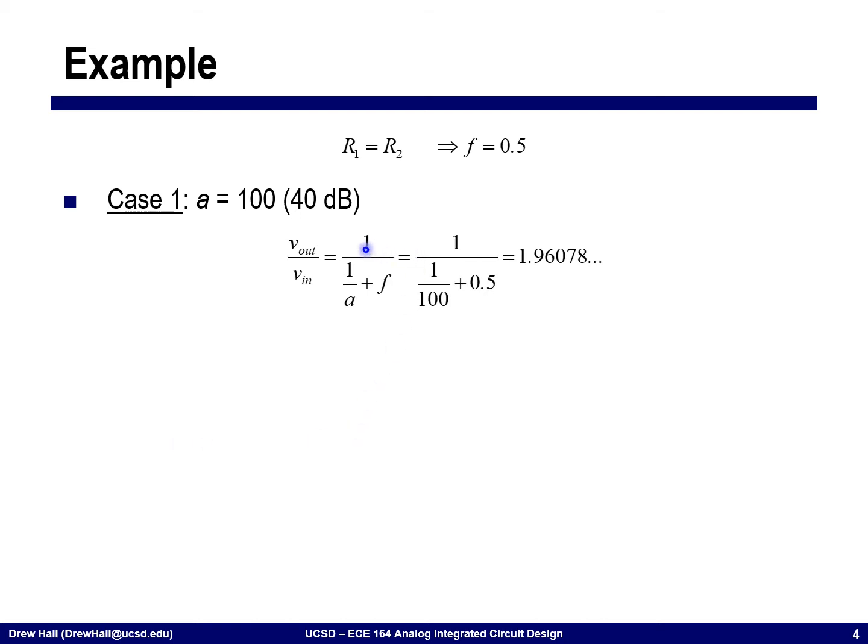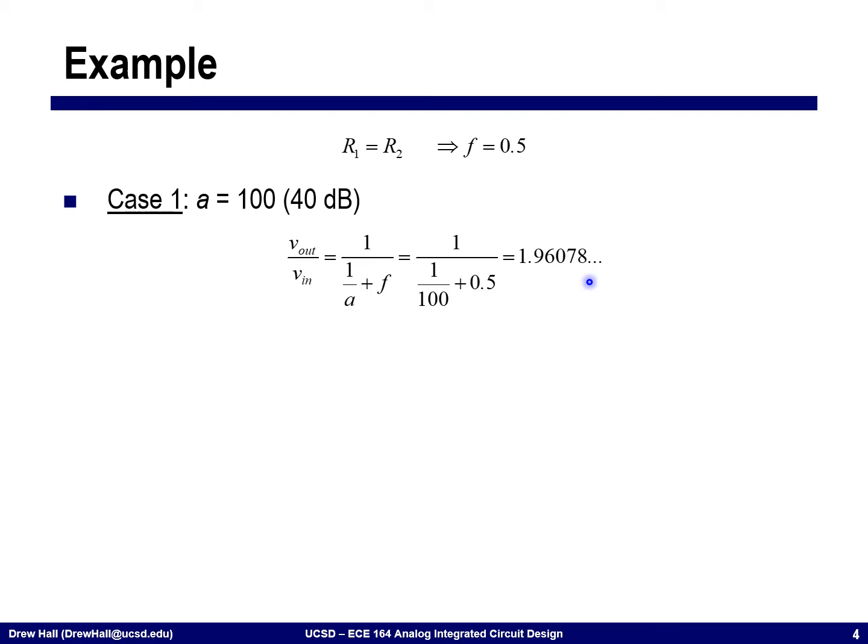Plugging this into the A divided by 1 plus AF term, I've divided out the A to illustrate this a little more clearly. The closed loop gain is 1 divided by (1 over A plus F). So with 40 dB of forward path gain, the closed loop gain would be 1.96.